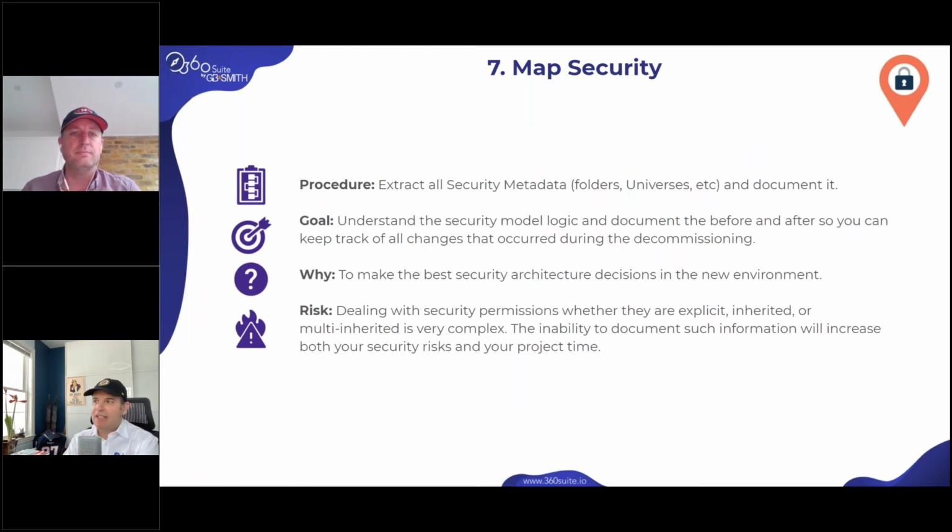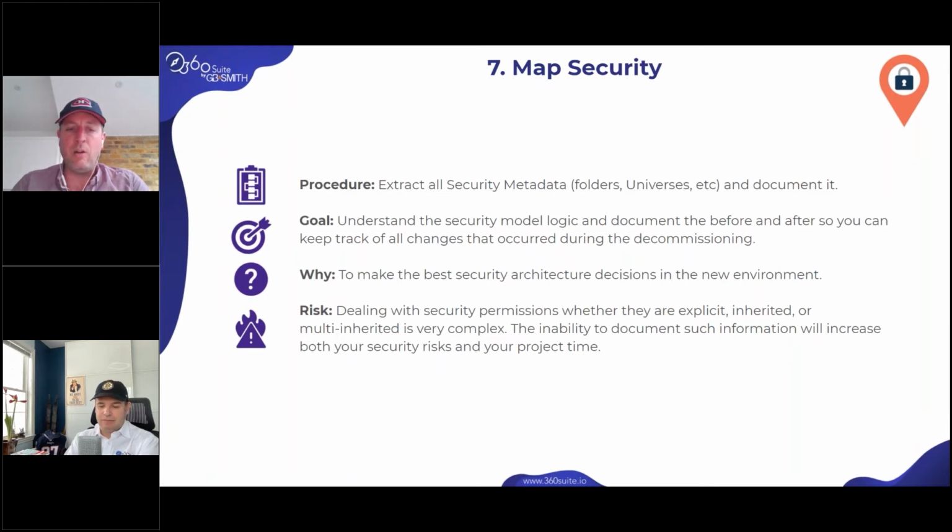And it's the same in security, where you need to be mapping your security. That definitely is always very complicated, and over time people tend to lose track of who has access to what, the inherited or double inherited rights, how things are connected. So it's very important there to take the time and map the entire security.